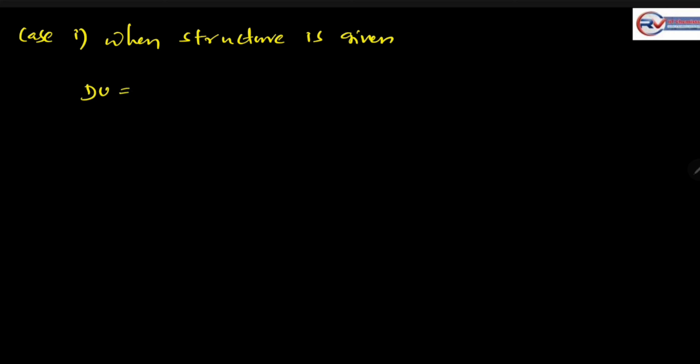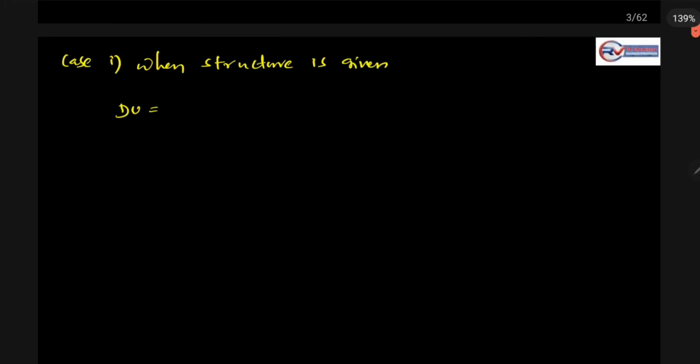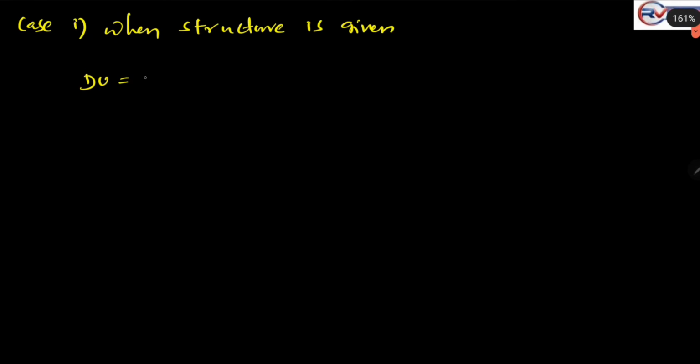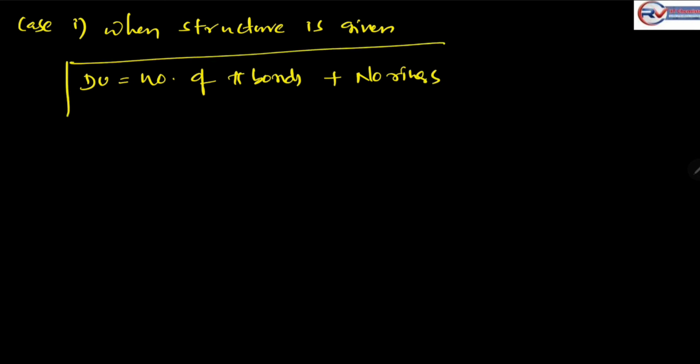DU equal to number of pi bonds plus number of rings. This principle is used for structure based DU. It is case 1.